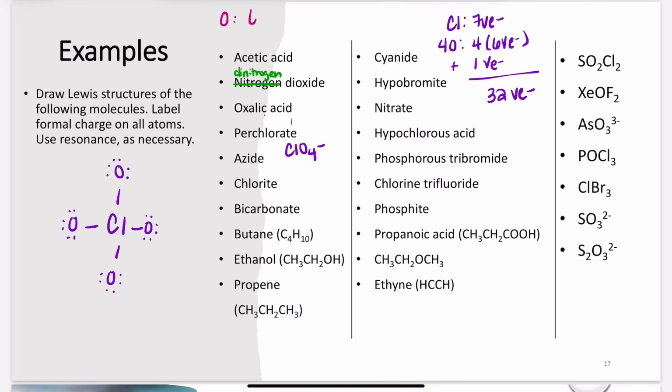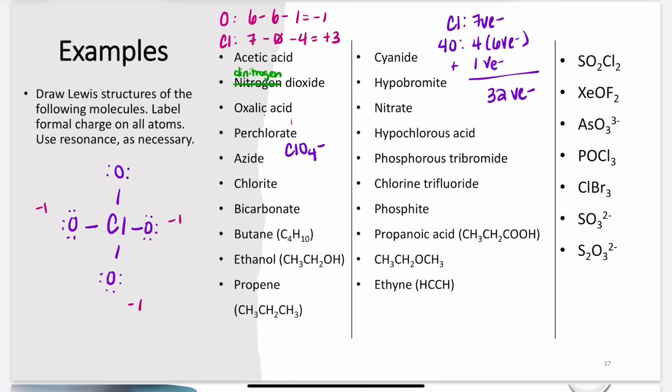Each oxygen here, remember formal charge for 6 valence electrons, it has 6 lone electrons on it and 1 bond. So each oxygen is showing a -1 formal charge right now. And the chlorine, 7 valence electrons, no lone electrons, and only 4 bonds, is showing a +3. We know that's not going to happen because there's ways to minimize it.